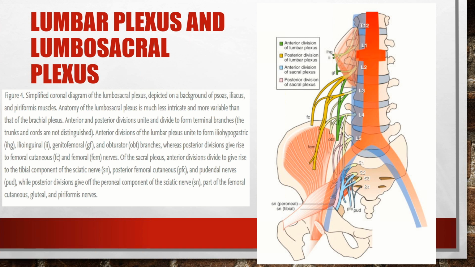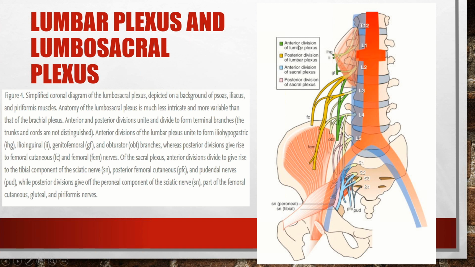From the roots of the lumbar and sacral spinal nerves, they divide into terminal branches. They do not distinguish trunks, cords, or divisions like the brachial plexus.